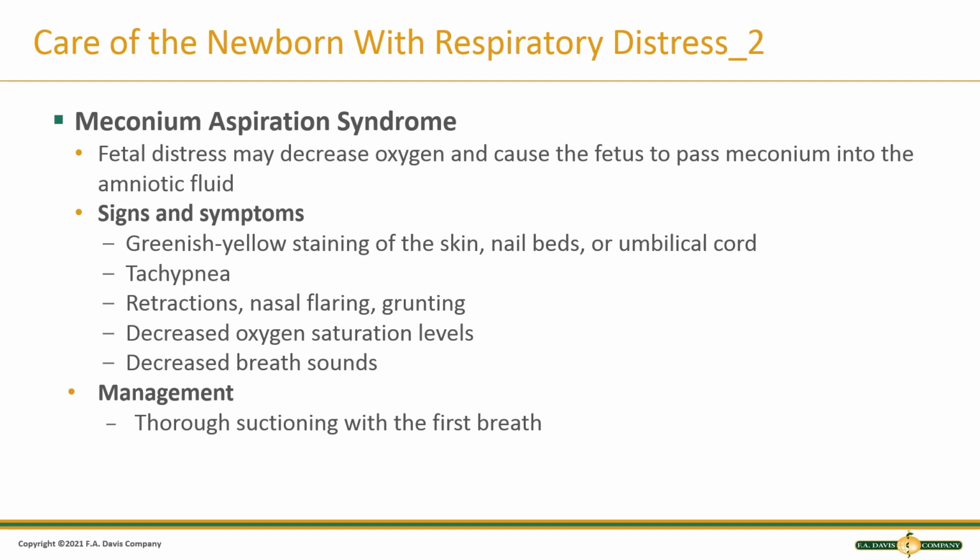Now remember that the fetus is swallowing during in utero. They're not swallowing constantly, but they're swallowing. They are practicing swallowing. So anytime meconium is expelled into the amniotic fluid, then newborns are going to swallow it.